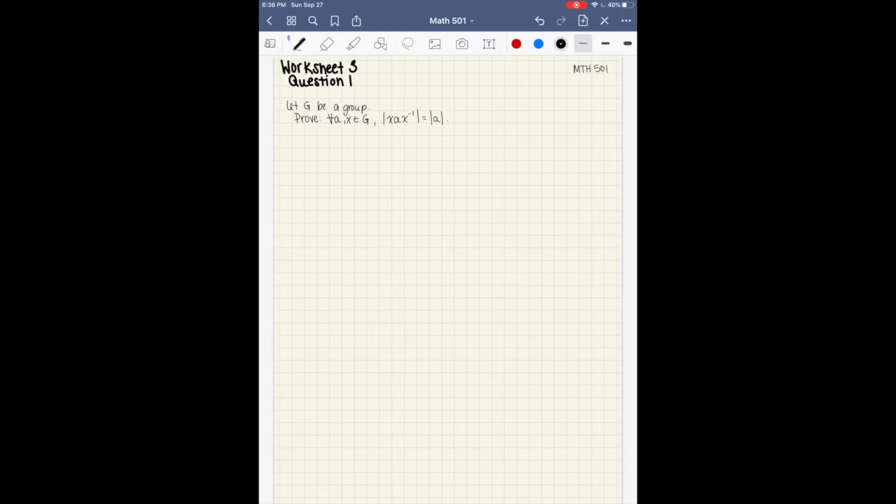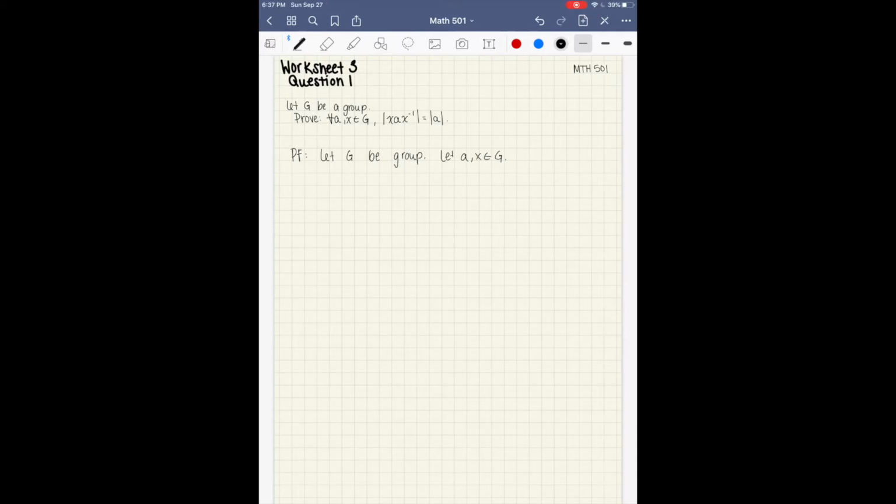So in order to prove this, we have to start and say, let G be a group, and let A and X be a part of G. In order for us to examine elements' orders, we have to see the smallest integer n that you can do the same thing over and over again until you get the identity.